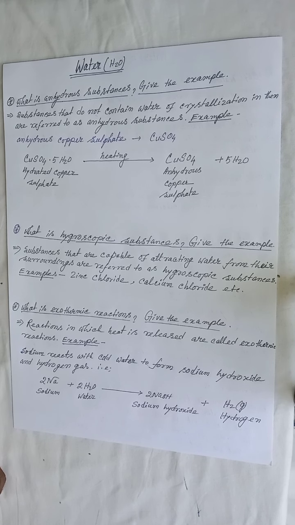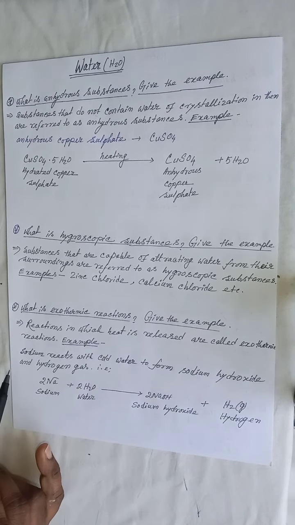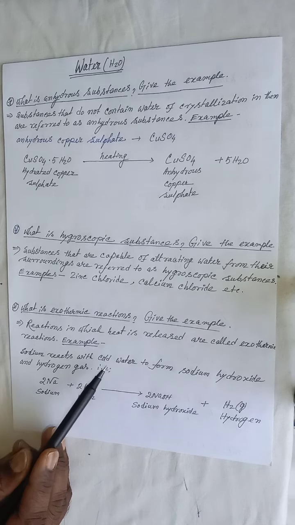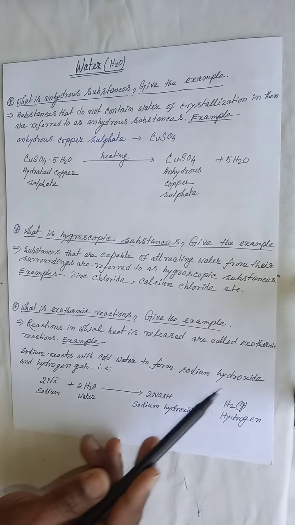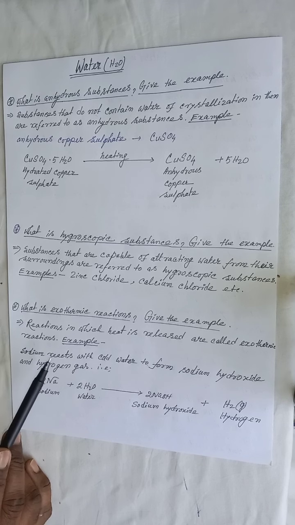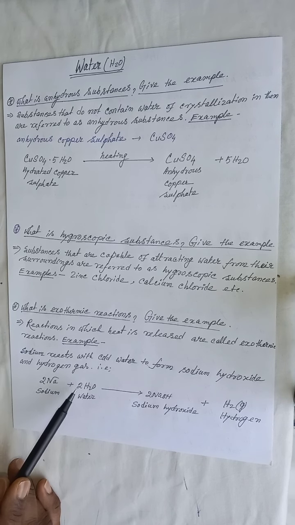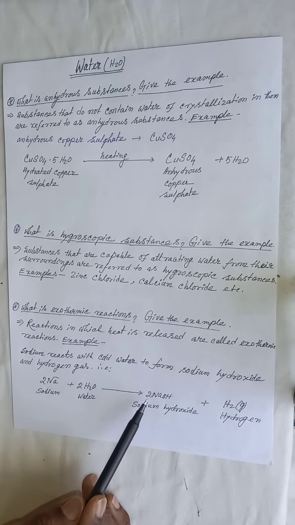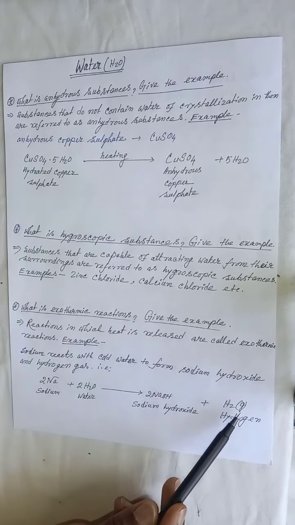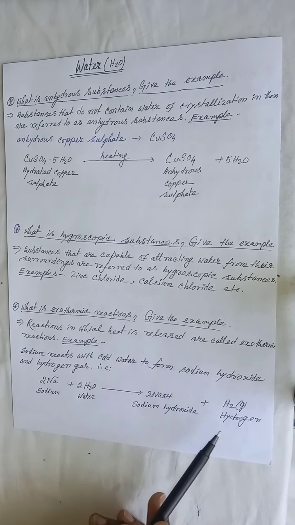Reactions in which heat is released are called exothermic reactions. Example: sodium reacts with cold water to form sodium hydroxide and hydrogen. That is one type of exothermic reaction. 2Na + 2H2O gives 2NaOH + H2. That is, sodium plus water forms sodium hydroxide and hydrogen.